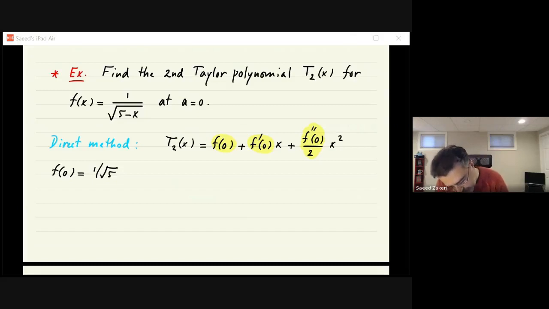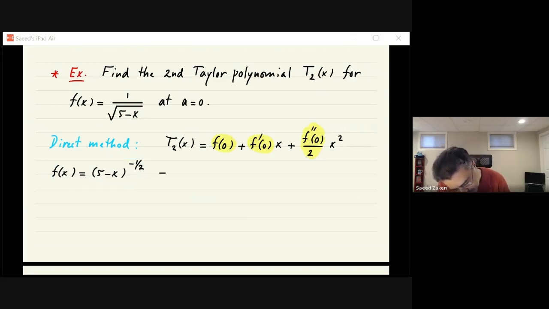And by the way, because I'm going to take the derivative, it's easier if I write my f of x as 5 minus x to the power minus 1/2, because then differentiation becomes easier. So if I want to write everything neat and clean, I can put this over here, and I can write the derivatives underneath.